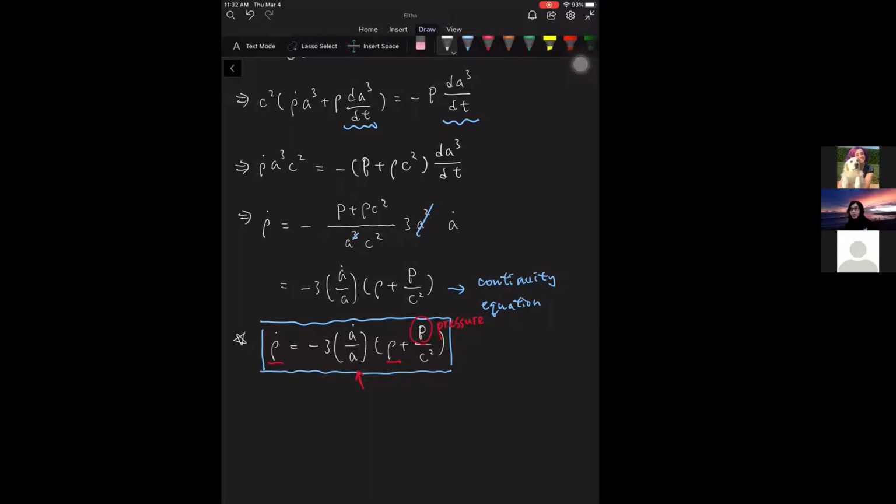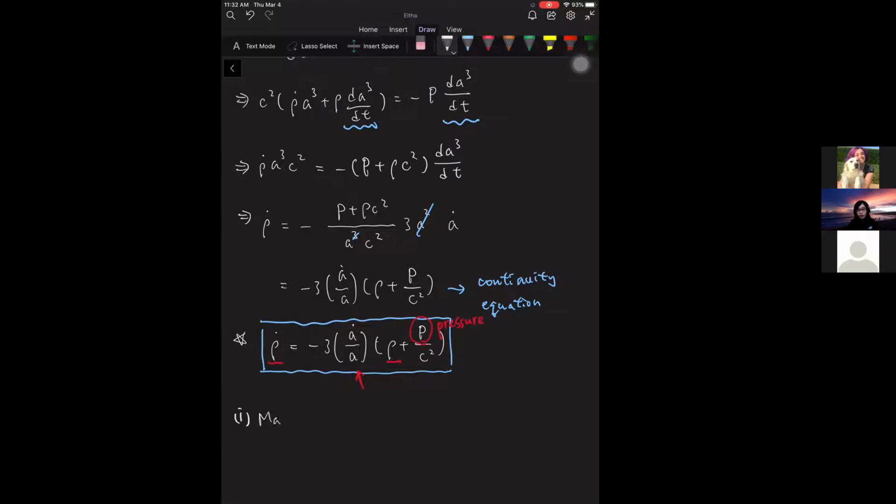And then we can consider radiation from photons, and then also the vacuum energy, right? So we know these are the main components of our universe. So different components will have different terms of pressure.